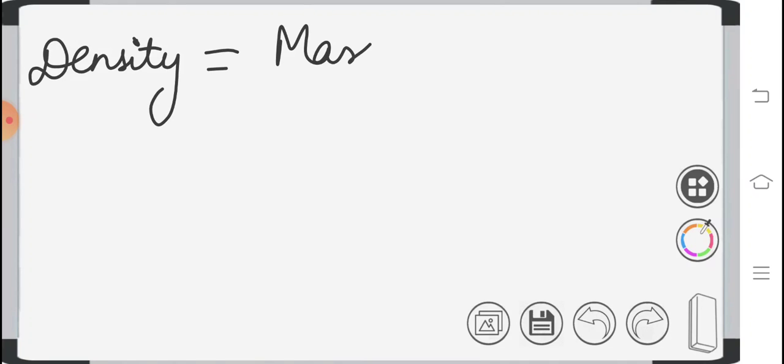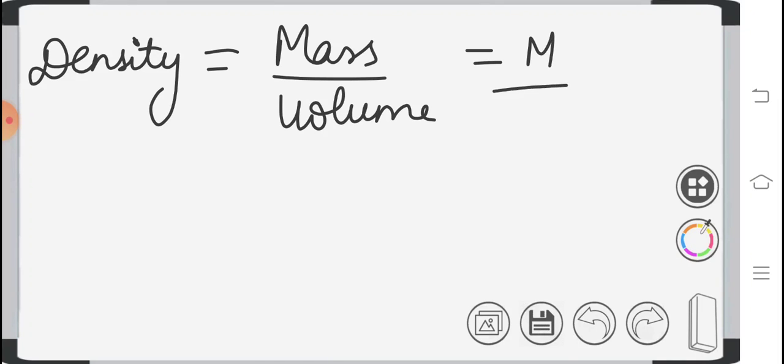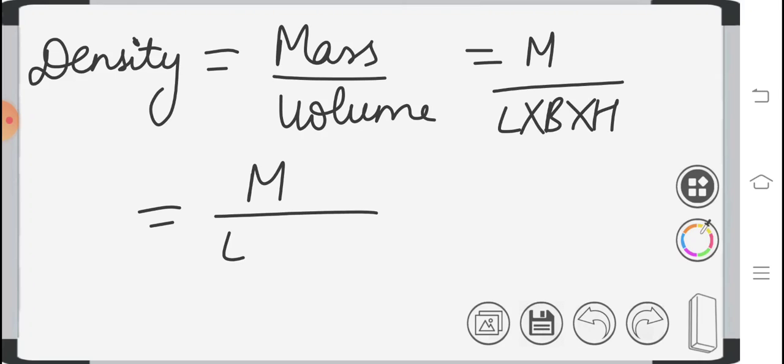So let us see some examples. Mass per unit volume: we know mass is M. What is volume? Length into breadth into height. Ultimately they are all length, so M upon L into L into L, so we can write M upon L cube.